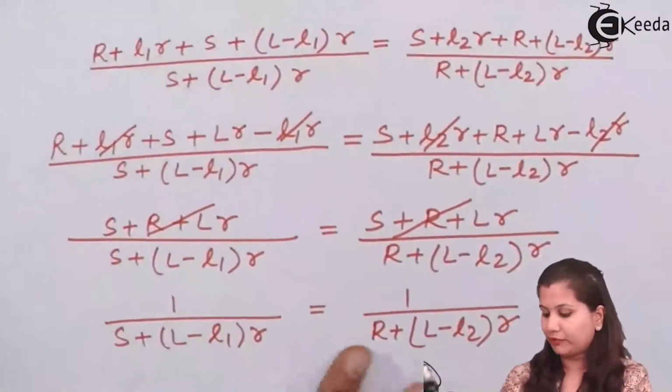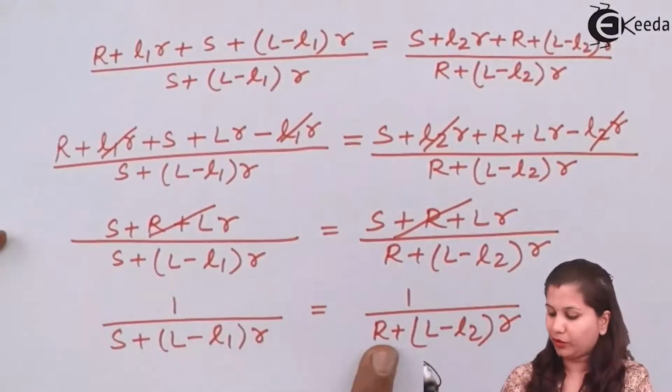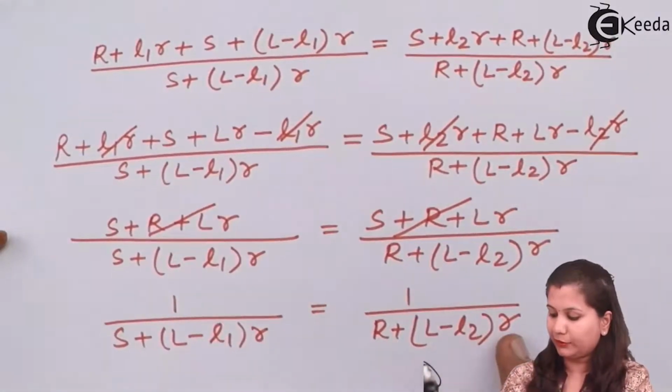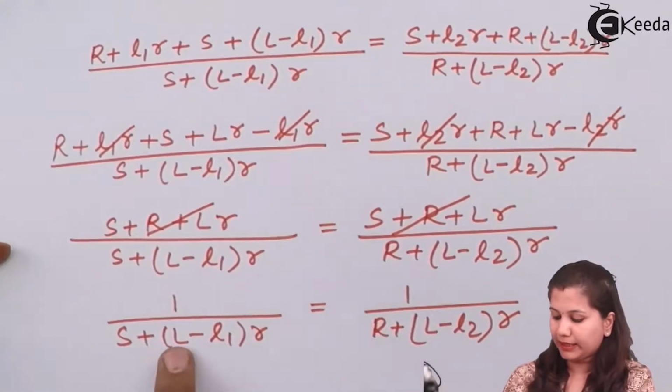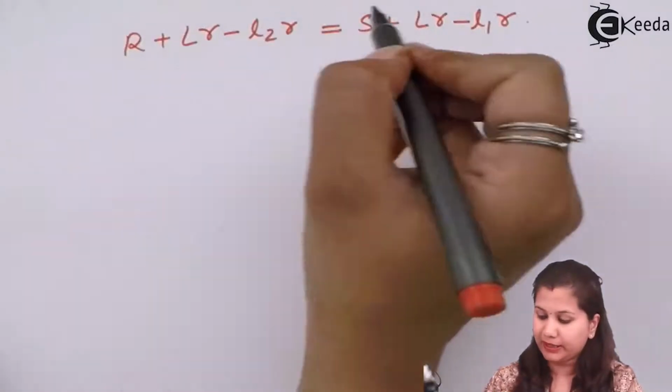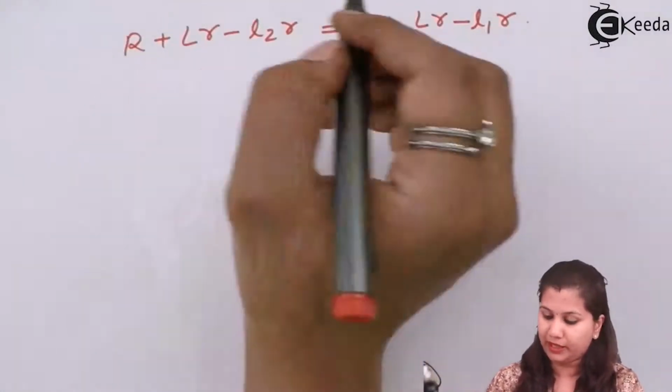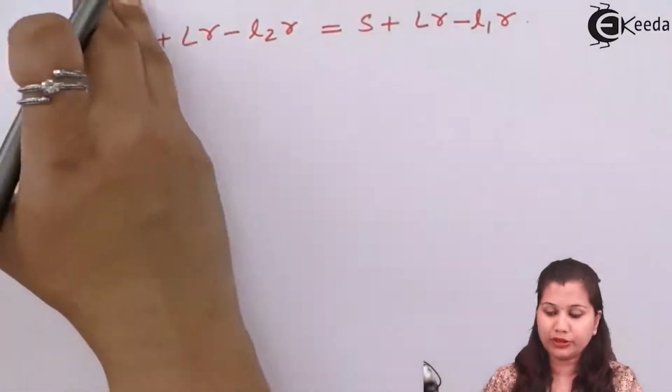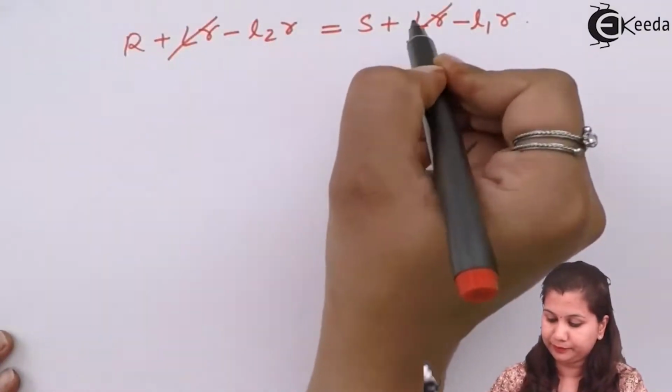So what we have done, we have cross multiplied these terms. So we have got R plus LR minus L2R equals S plus LR minus L1R. Now here also we are having plus LR, here also plus LR. When we bring it to the left hand side, it will be cancelled.